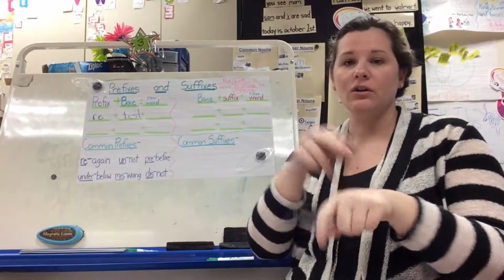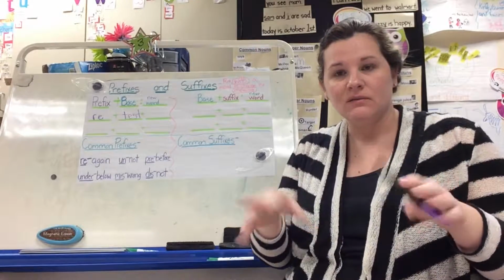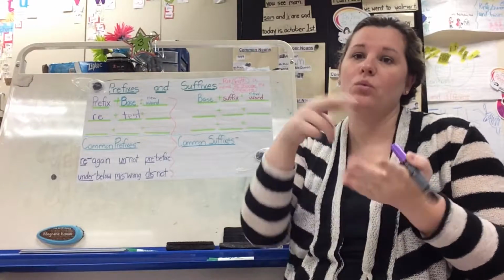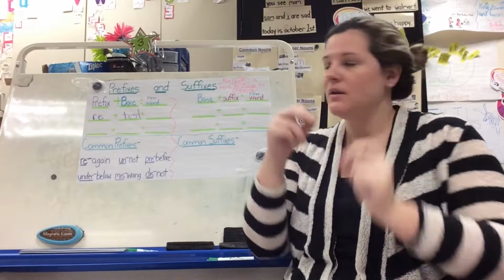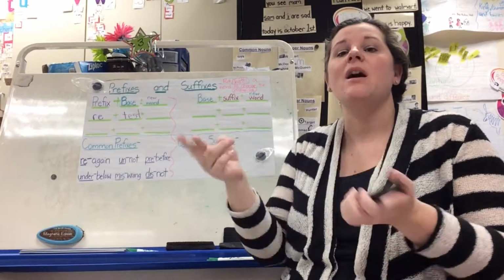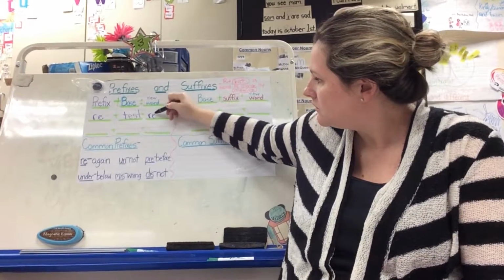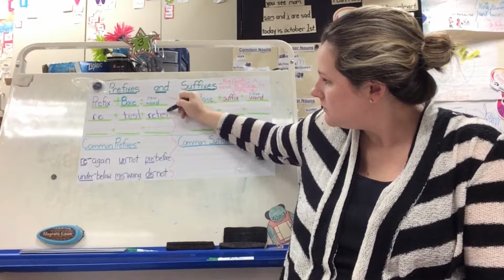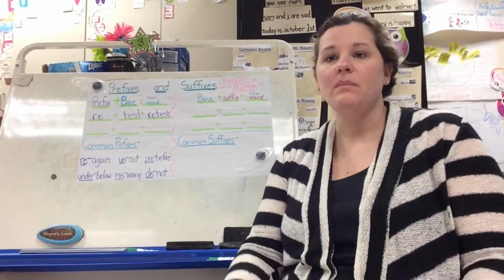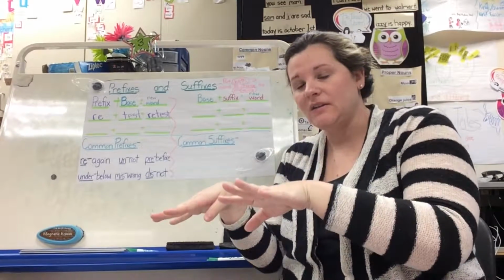That means my regular word. It was test, because re is not a whole word. Re is just a part of a word. So re and test become retest together.